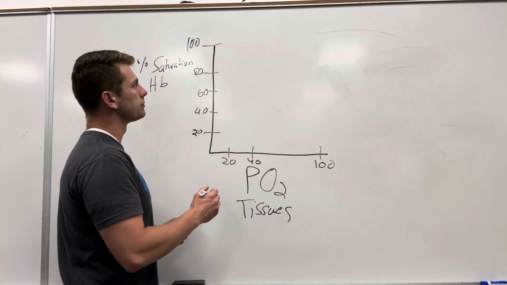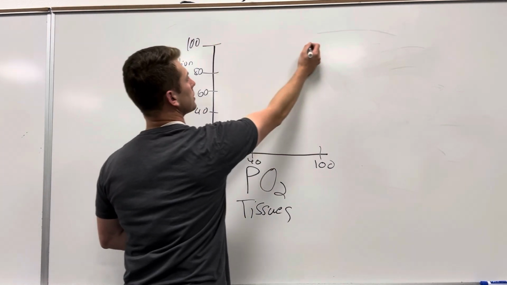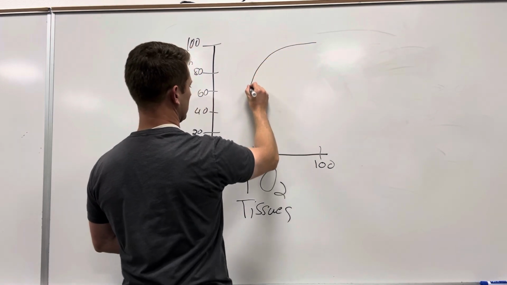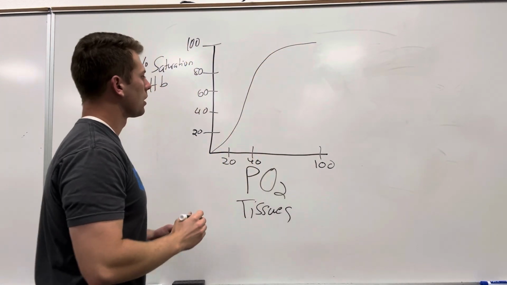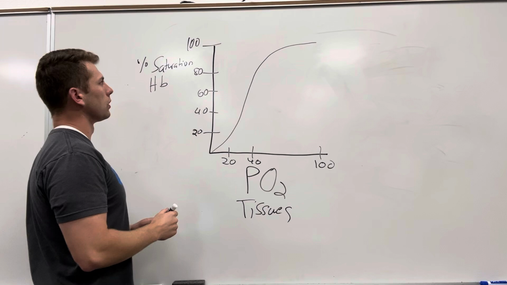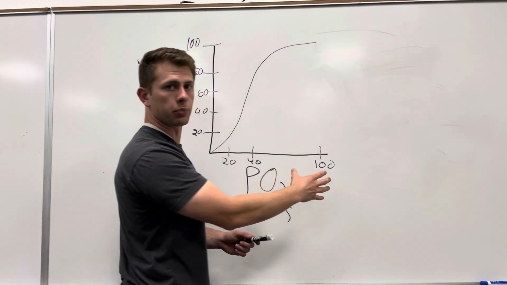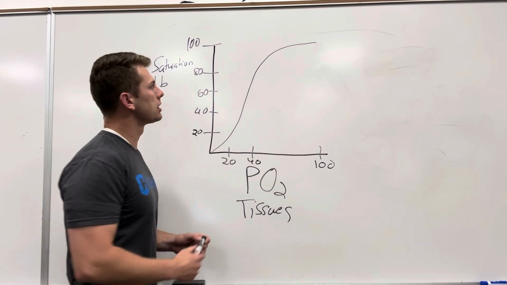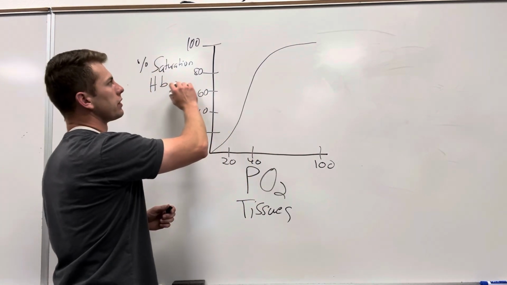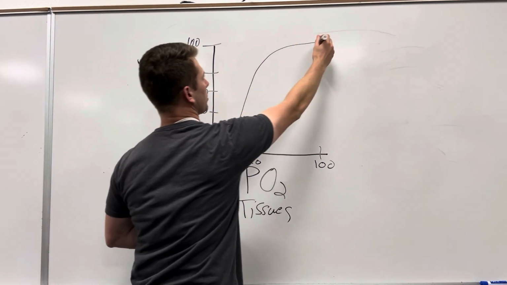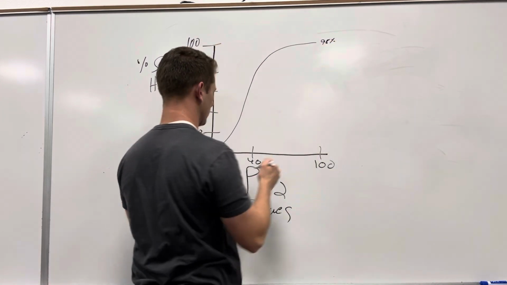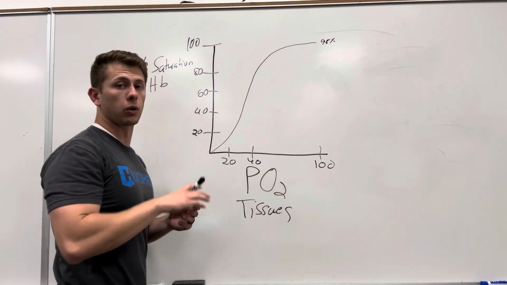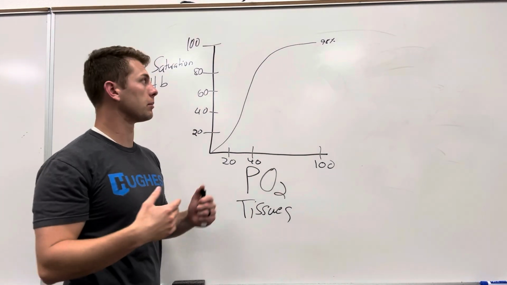And the curve looks like this. Let's see if I can get this right. Looks something like that. So lots of pressure in the tissues, or in other words, lots of oxygen in the tissues, our saturation of hemoglobin is up at 98%, where it should be. The less oxygen we have in our tissues, the more oxygen needs to be pulled out of the blood.